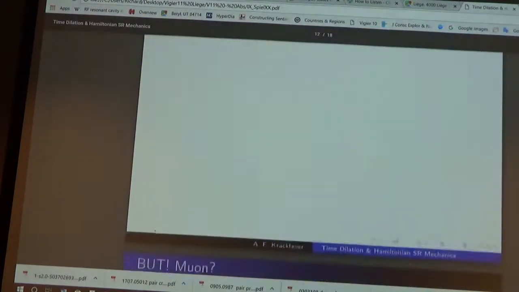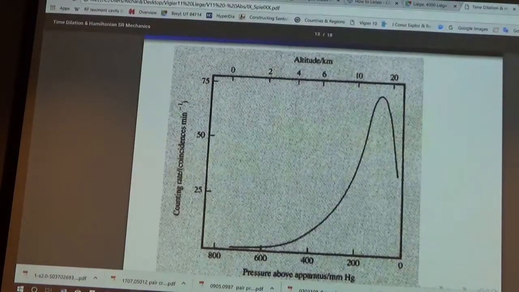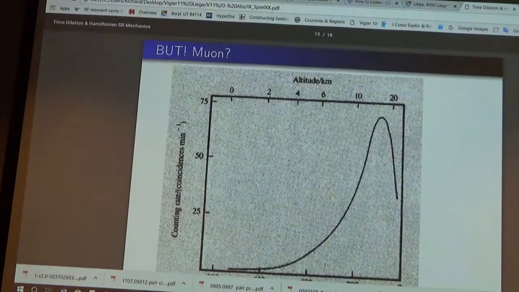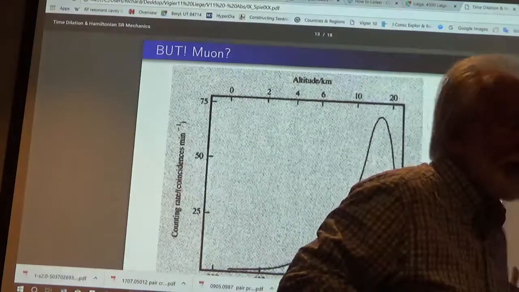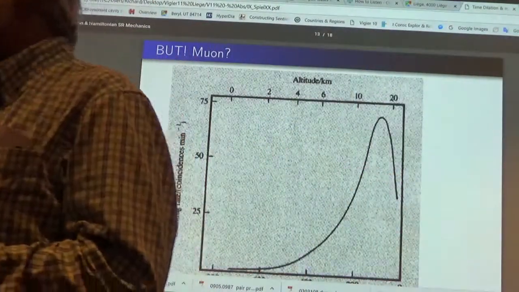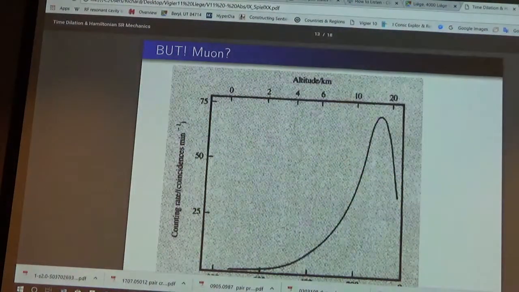But there's a number of other ancillary things. One of them is, what about the evidence, experiments? Our friend, do experiment, right? One of the customary experiments for testing time dilation, of course, is this muon story.